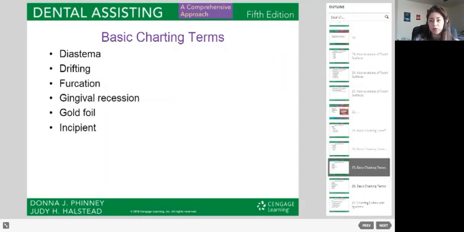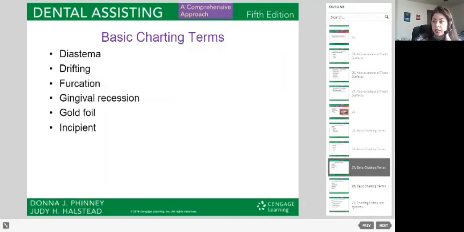Okay, furcation, gingival recession. So gingival recession is when the gums start to recede or go back. For example, if you are grinding or clenching or having issues with brushing too hard or a number of other things, that's going to cause the gums to recede or go away from the tooth.